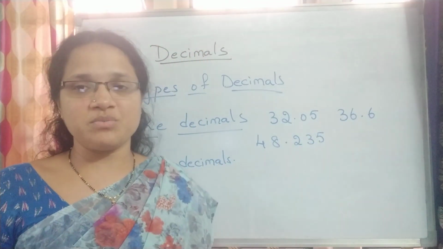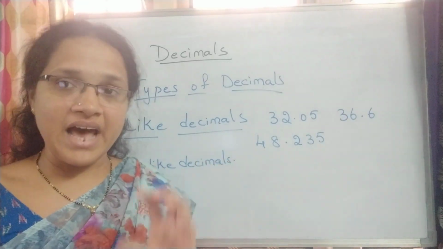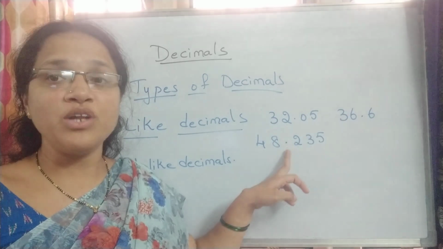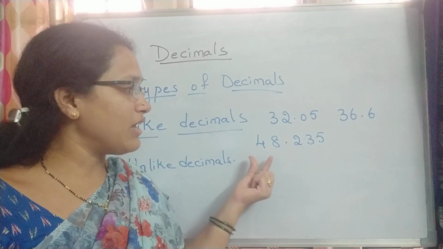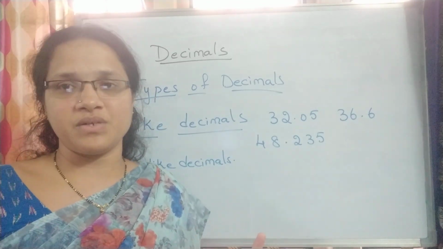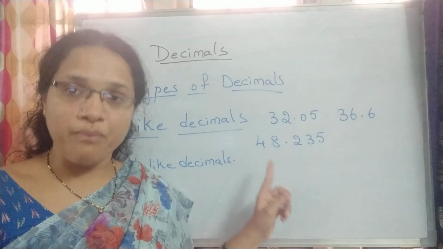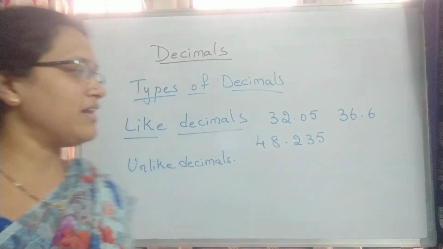How I am reading the decimal is really very important. Children, the whole number you can read as it is, but after the decimal point you should separate the numbers and say them. Don't read them together like 48.235. That is not the right way of reading a decimal. Okay, so 48.235. Separate the numerals, and then read.